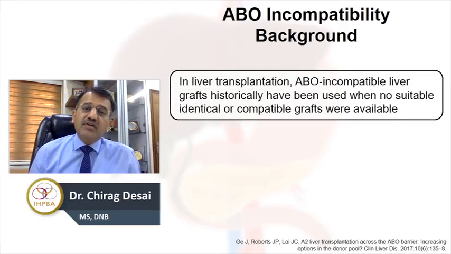To avoid wastage of organ, ABO incompatibility transplants are done. This is also done in living donor liver transplant as a planned procedure where you don't have any other suitable blood group matched donor available in the family. So in liver transplant, ABO incompatible liver grafts have been used over a period of time.